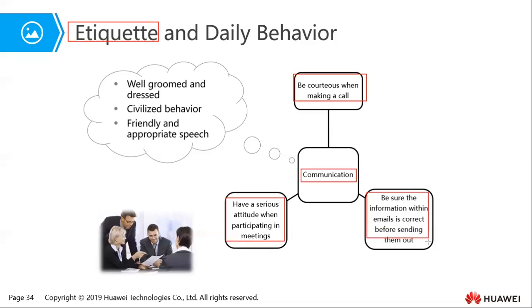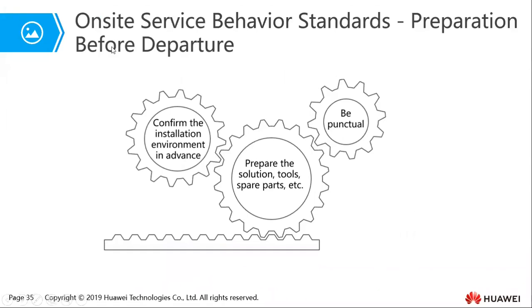You need to be sure that any information that you're giving is correct and true to your word. Other than that, you also need to be well-groomed. You need to behave in a civil manner, and you need to have friendly and appropriate speech. So for the engineering team, those are some of the etiquette and daily behavior that they're supposed to practice.